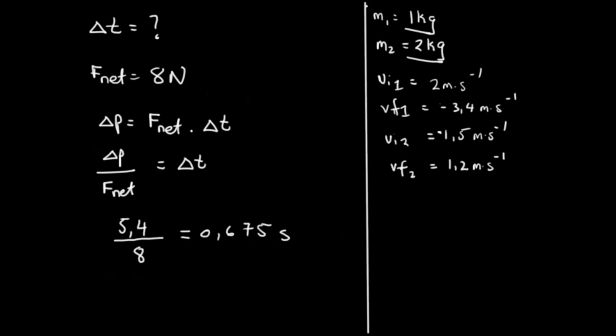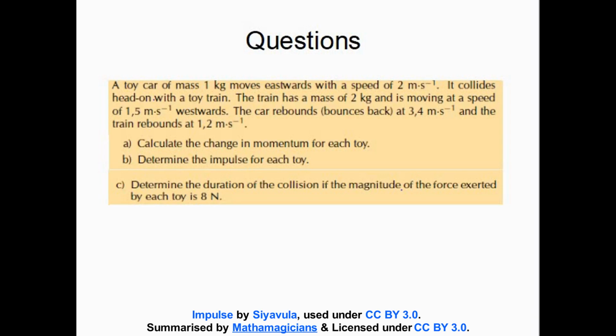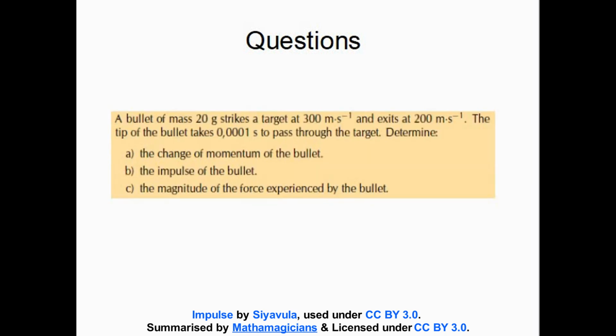All right, perfect. Let's have a look at another question. This is a bullet question which comes up a lot. They like to ask the bullet questions. So a bullet of mass 20 grams strikes a target at 300 meters per second and exits at 200 meters per second. The tip of the bullet takes 0.0001 seconds to pass through the target.